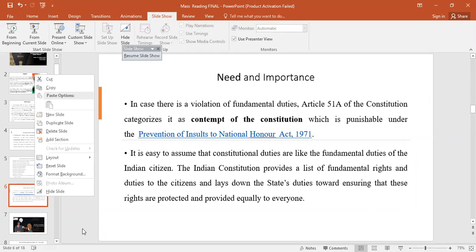It is easy to assume that constitutional duties are like the fundamental duties of the Indian citizen. The Indian Constitution provides a list of fundamental rights and duties to the citizens and lays down the state's duties towards ensuring that these rights are protected and provided equally to everyone.